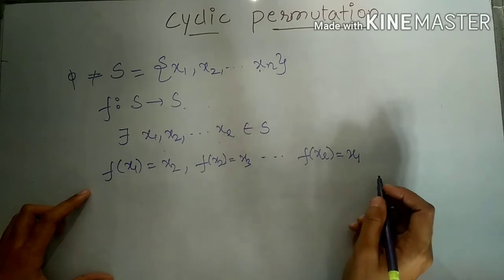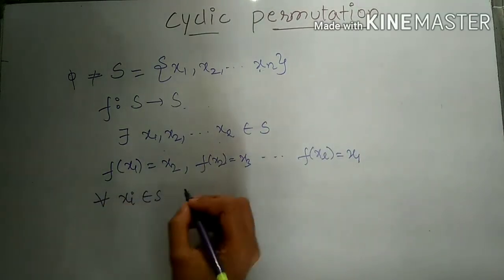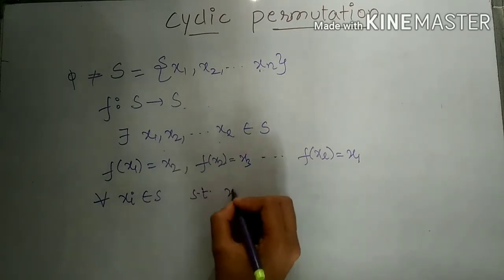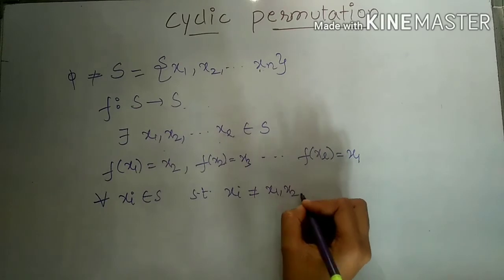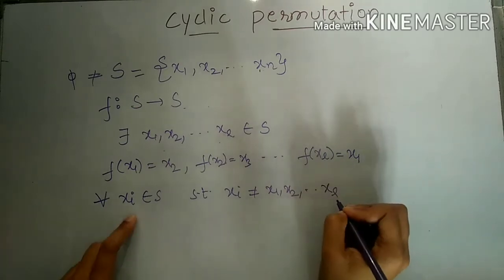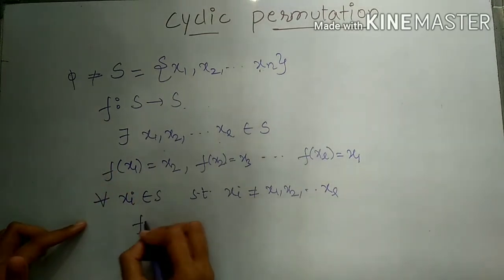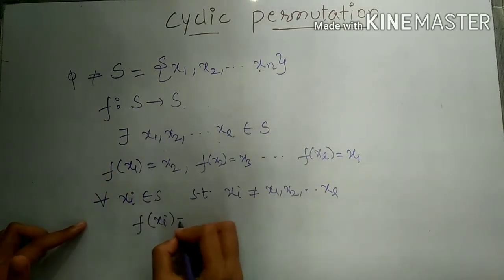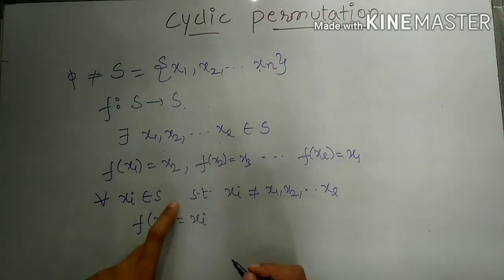And for the rest of the elements, that is for all xi from S such that xi is not equal to any of these elements, how do we define f? We define f of xi equal to xi for all these xi.